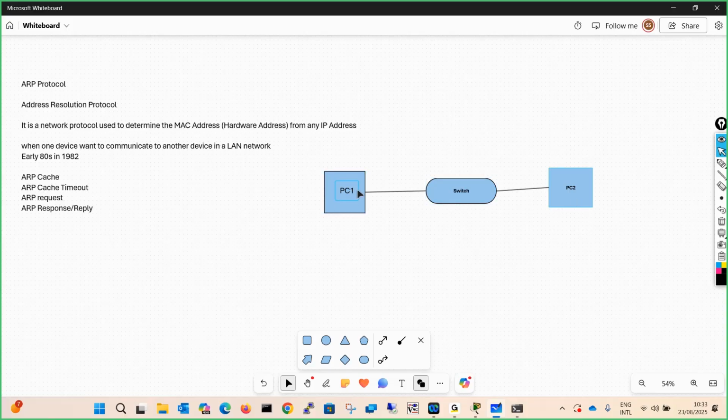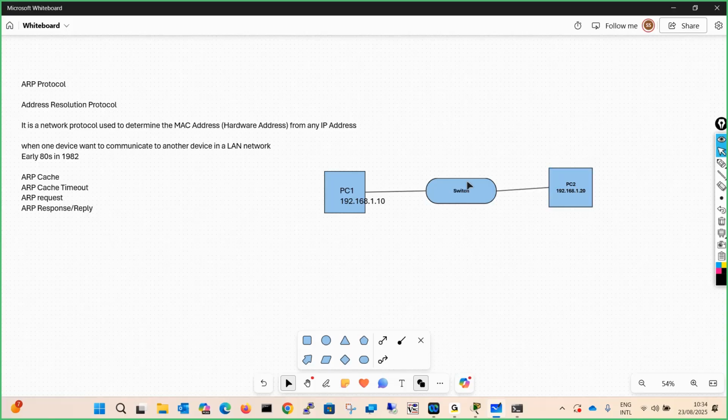Let's say this is PC1 having IP 192.168.1.10, and this is PC2 having IP address 192.168.1.20. The very first thing PC1 is going to see is the ARP cache table, whether I know the MAC address of 192.168.1.20. It will first check.